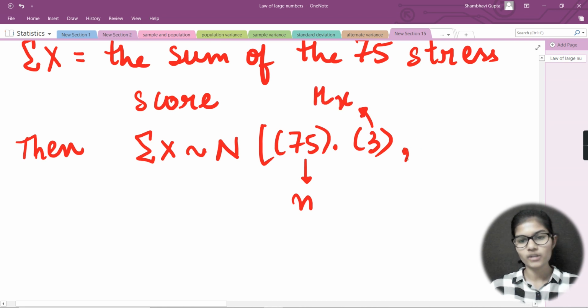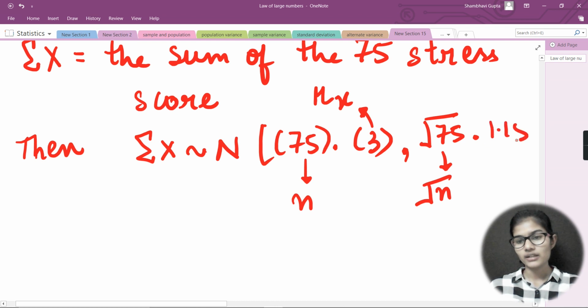So here I would put a comma. Now I would write under root 75. Sorry, that's under root, not underscore. So under root of 75, that is the value for n inside the under root. Again, I would put that multiplication sign. This is a dot, not a decimal. Just keep that in mind.